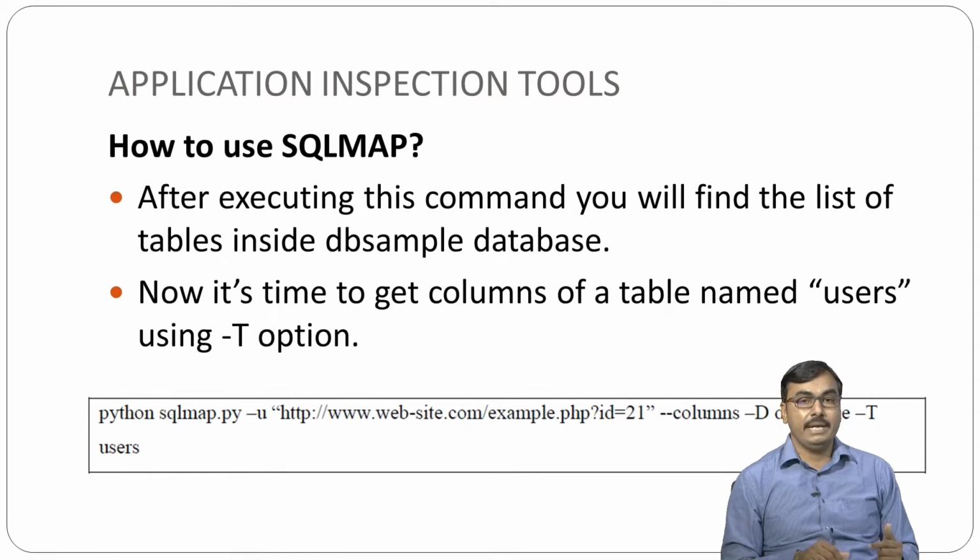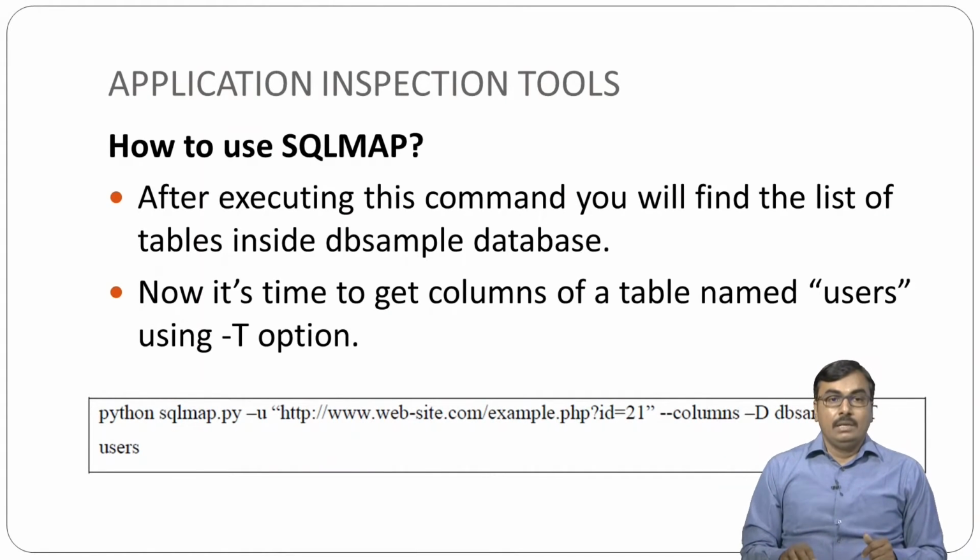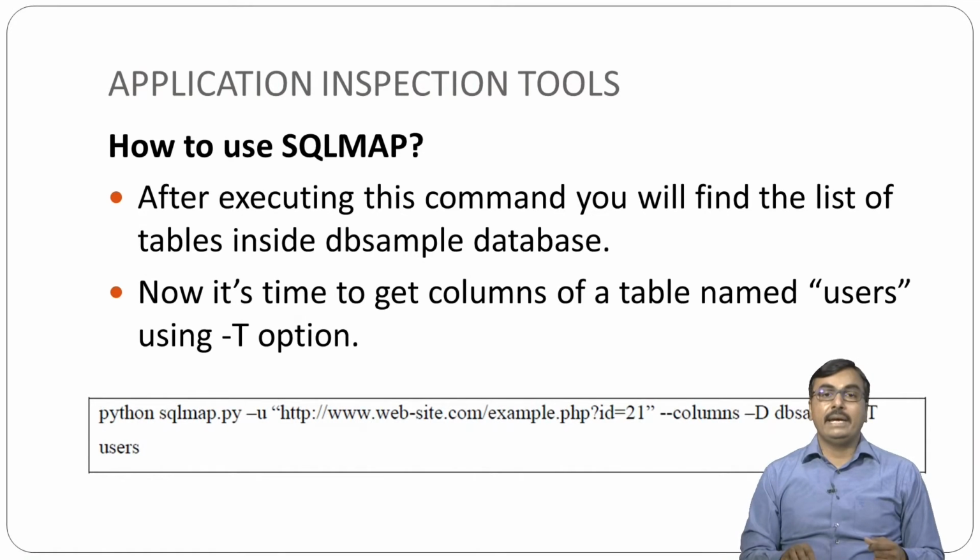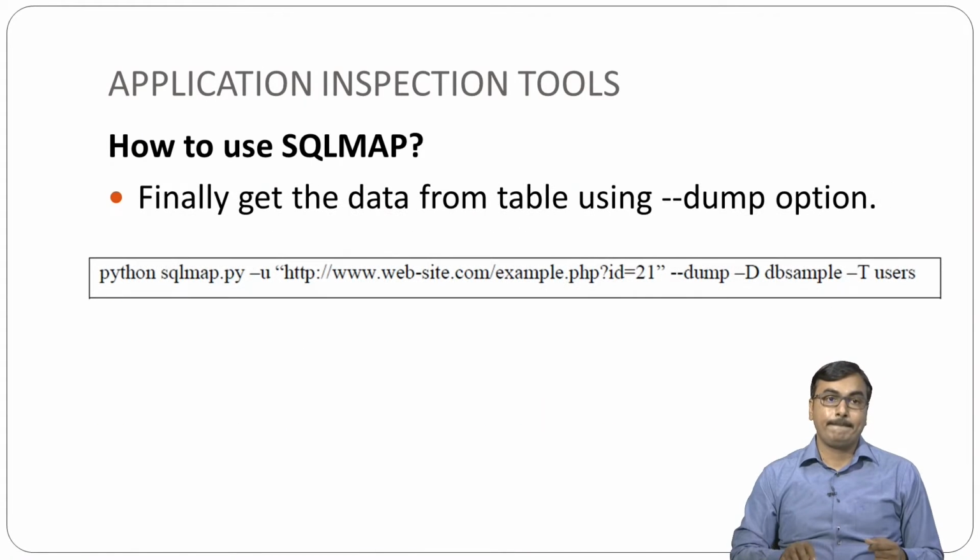Just like -D is used for the database, same way -T is used for tables. So, -D is the DB sample, -T users is the table. By entering this command, you will get the list of columns inside the users table.